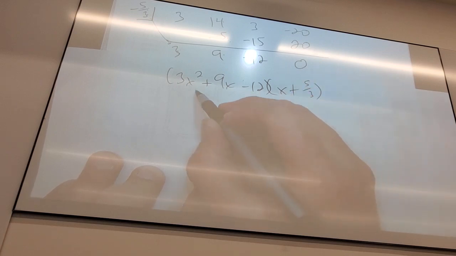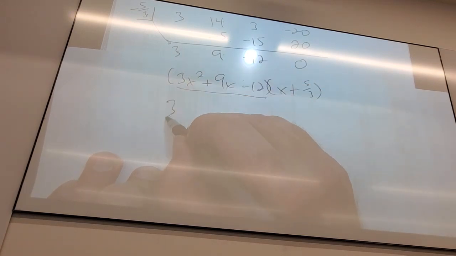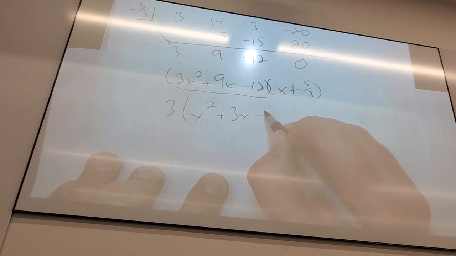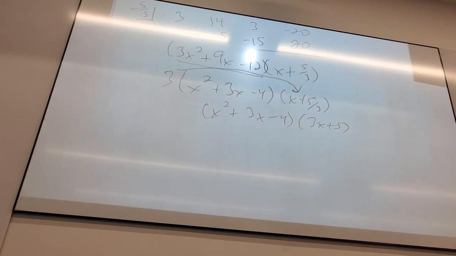Because what really happens is, if I take a factor of 3 out, I can then give that factor of 3 to this piece. That is really what happens. But you never have to write that. If you don't want to, you don't.